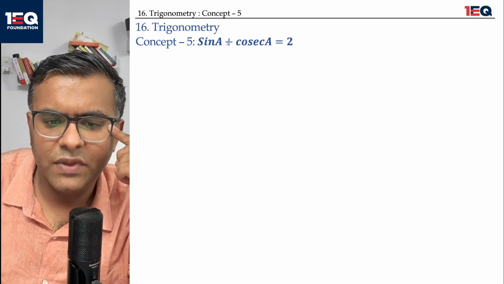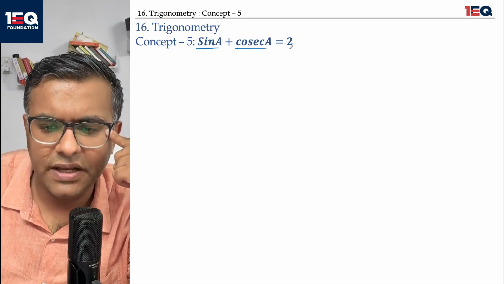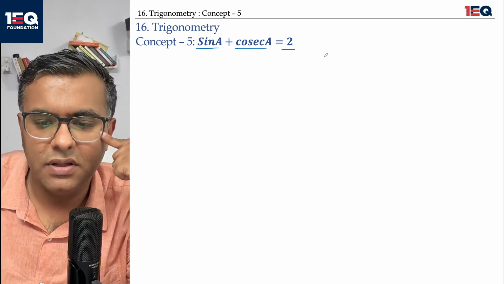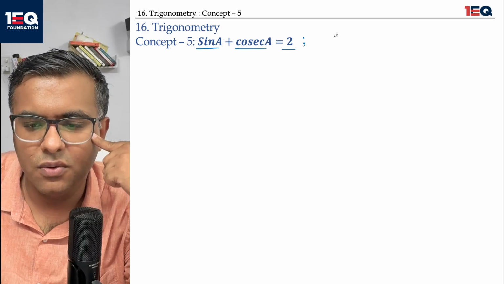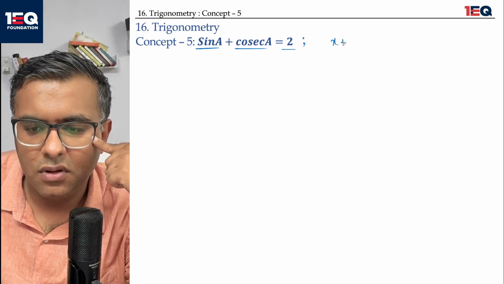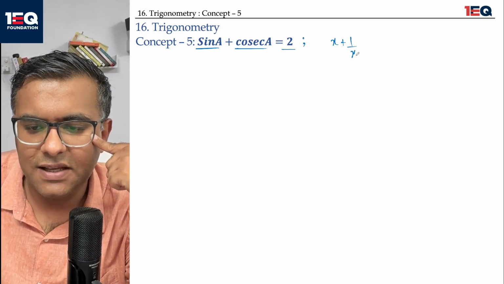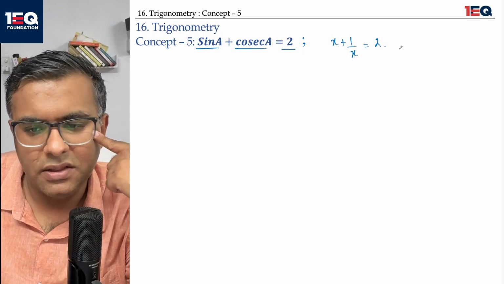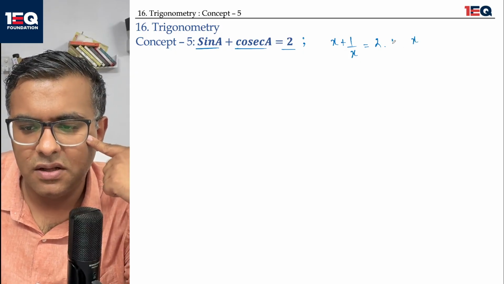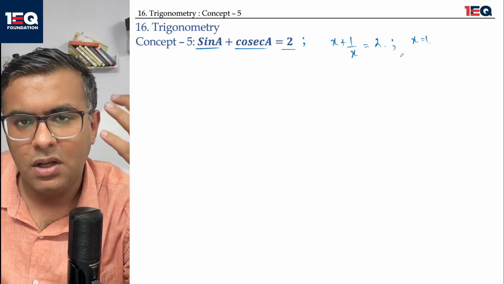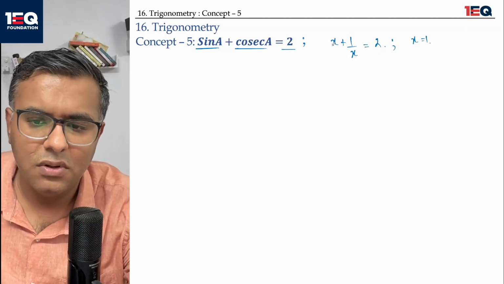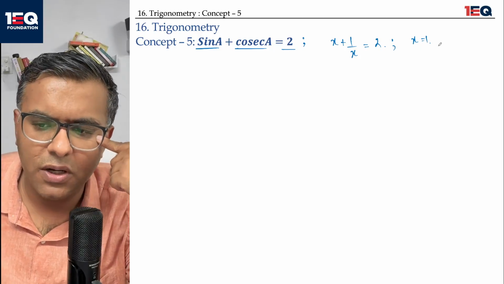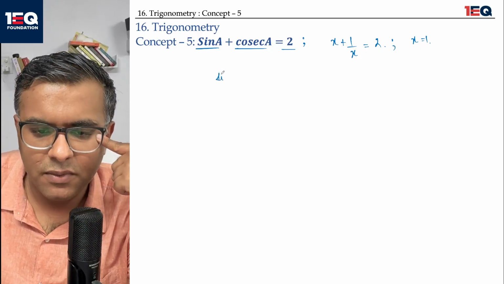Moving forward, it says sine A plus cosec A is equal to 2. I have this premonition that most of you would really know this equation when I say x plus 1 by x is equal to 2. In this situation, you have to always consider that x is equal to 1. That is one of the only ways to satisfy this equation, that 1 plus 1 over 1 is going to be 2. Same here.